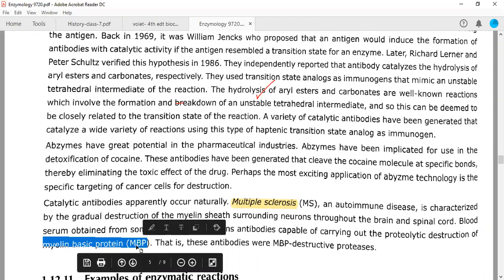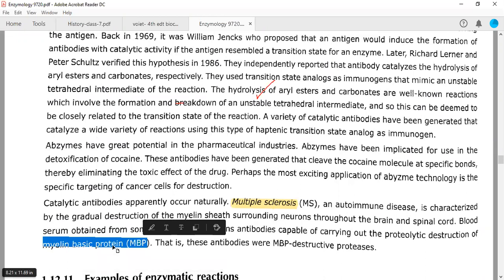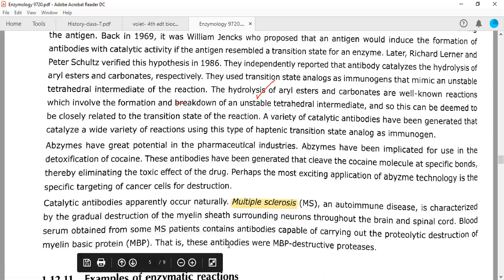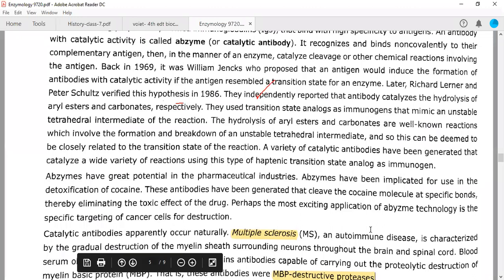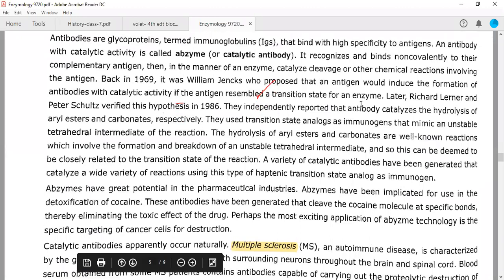These antibodies degrade this particular protein, myelin basic protein, so that they remove the myelin sheath from the neurons. So these antibodies have protease activity because they are degrading this protein. They are called MBP, myelin basic protein destructive proteases. This was the reported function of these antibodies, where they degrade a protein, so they work like proteases. Therefore, they have some catalytic activity.